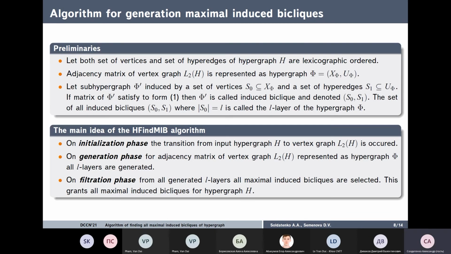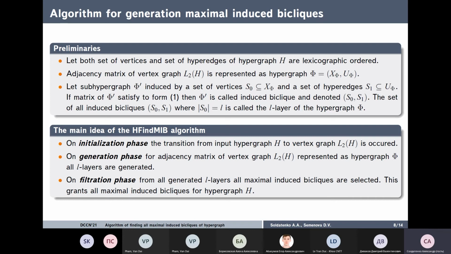The algorithm for generation of maximum induced biclicks requires that both sets of vertices and sets of hyperedges of hypergraph H are lexicographically ordered. The adjacency matrix of the vertex graph is represented as hypergraph phi. If the matrix of sub-hypergraph phi prime satisfies form 1 from the previous frame, then phi prime is called an induced biclick.